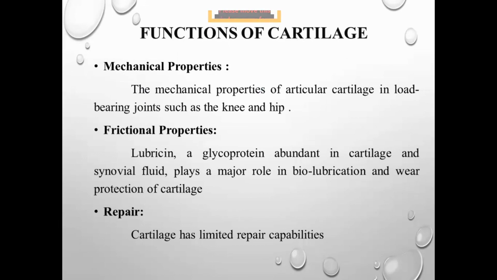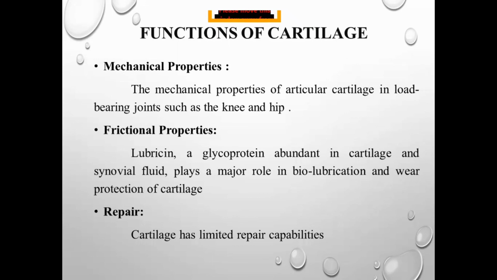Then frictional property. The lubricin, a glycoprotein abundant in the cartilage and the synovial fluid, plays a major role in biolubrication and the protection of the cartilage. What is that? Usually I used to compare these joints with a door's keel. Okay, why?